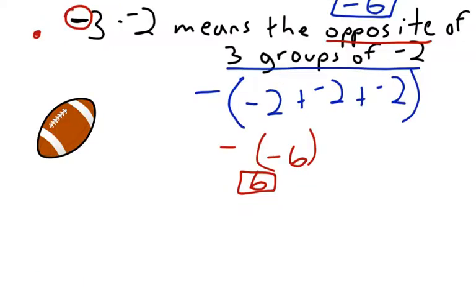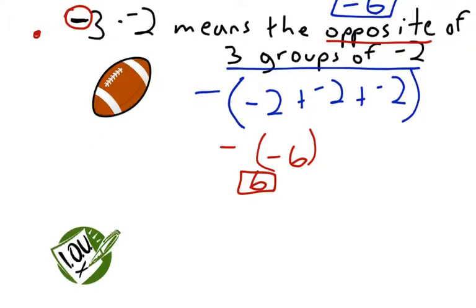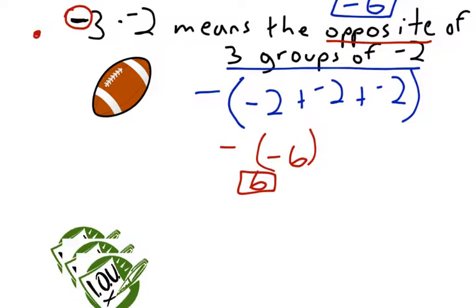Also, do you think there's a real situation where we would deal with negative numbers when we're multiplying? The answer to that is absolutely. In fact, our government does this all the time in the form of IOUs or savings bonds. So let's say that the government sold 4 savings bonds at $25 each.